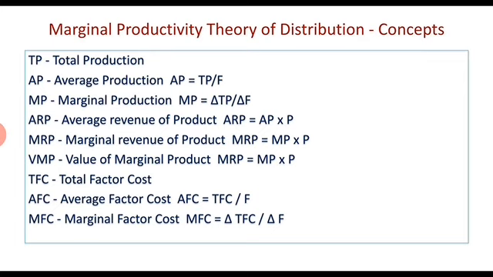Marginal revenue product of a factor is the net addition to the revenue made by the employment of an additional unit of factor, or MRP is equal to MR into P. Total factor cost is all the cost upon the factors. Total factor cost divided by number of factors gives average factor cost. Change in total factor cost divided by change in factors gives marginal factor cost, MFC. MFC is equal to delta TFC by delta F.